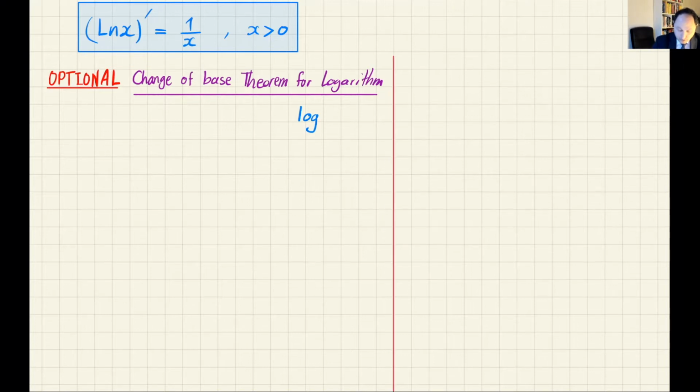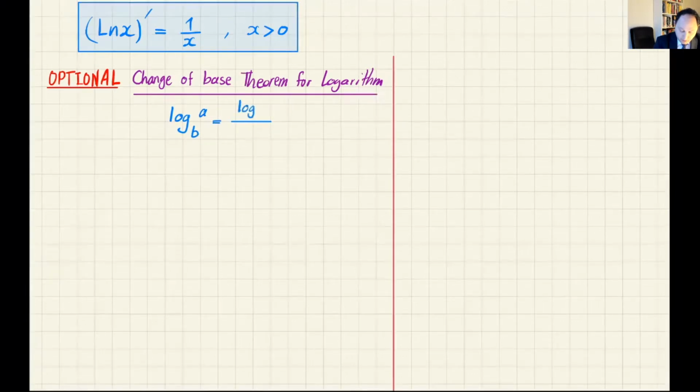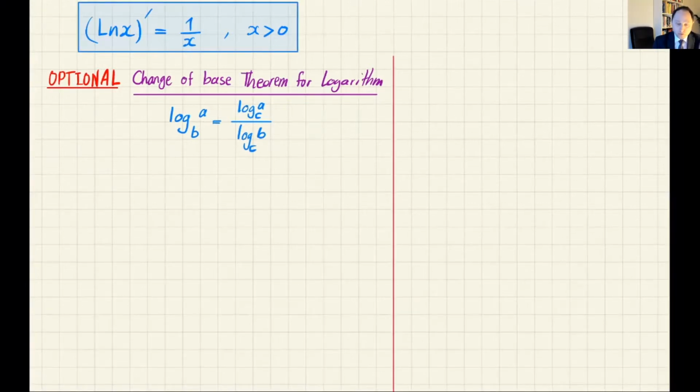Okay, so logarithm of a in base b can be written as the logarithm of a in another base c, provided you also calculate the logarithm of b in the same base and then divide these two numbers together.